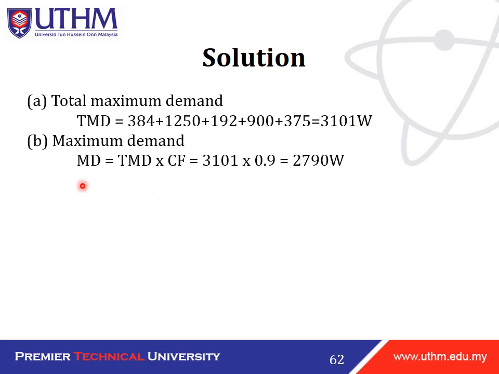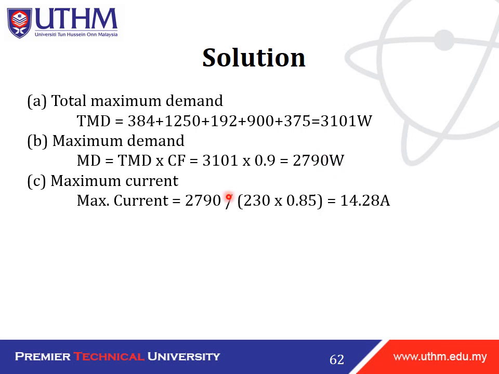And then the maximum demand, we know that total maximum demand times the coincident factor, we got 2790 watt. And then the maximum current can be calculated by the maximum demand divided by the supply 230 volt times the power factor 0.85, we got 14.28 ampere.